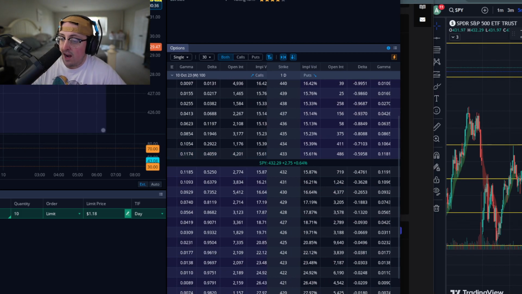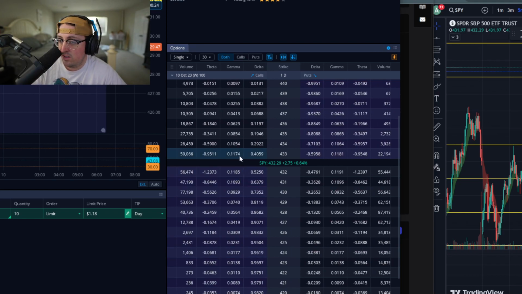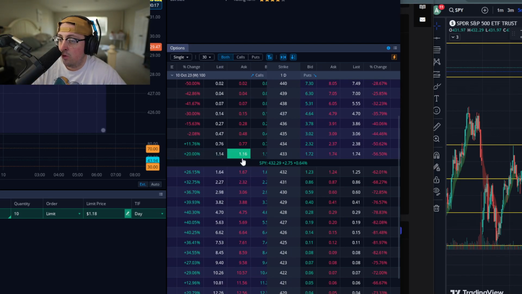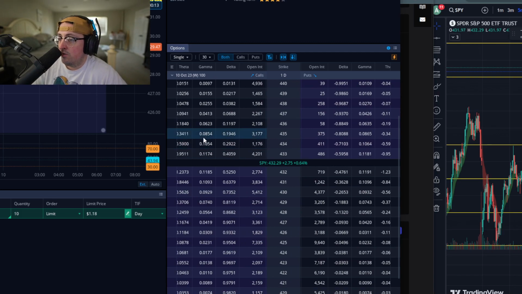So ideally, if SPY goes up $1, the option contract should move from 116 to 156, if that makes sense. Since the delta is 40, it should increase by $40 per contract, so it would be 156 per contract. But then you have gamma, which is the rate of change in delta per dollar move. So if SPY goes up to 433, the gamma will increase the delta by 0.10.